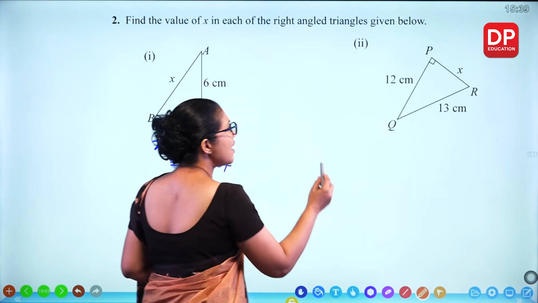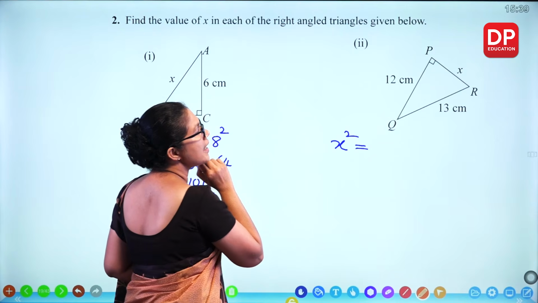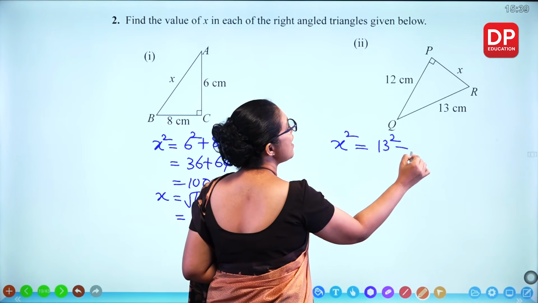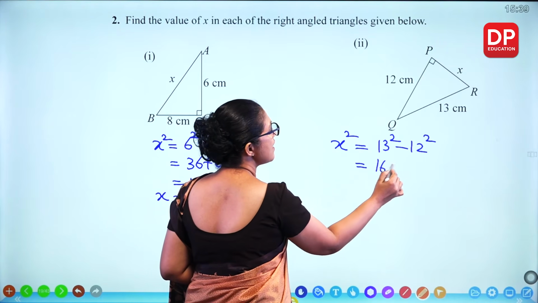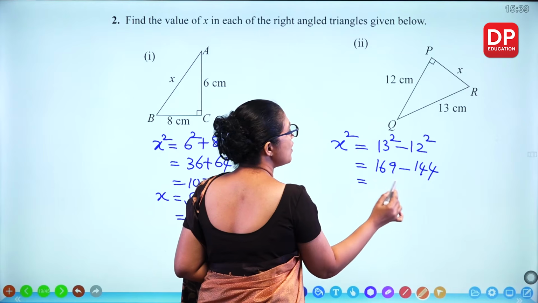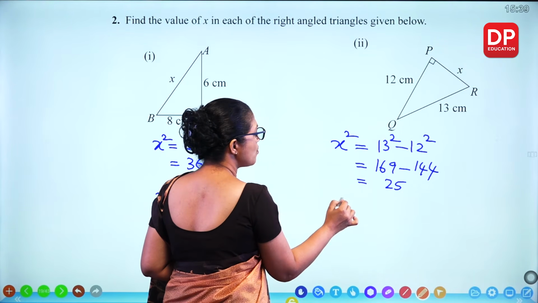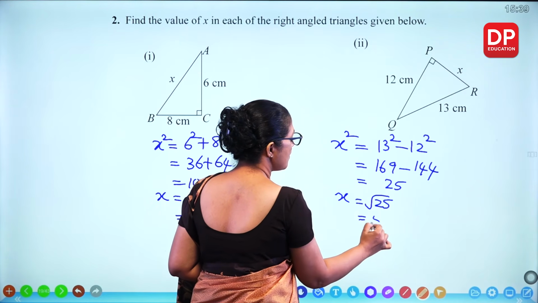It's a right angle triangle. You can straight away apply Pythagoras theorem. x squared is equal to 13 squared minus 12 squared. 13 squared is 169. 12 squared is 144. When you subtract, you get 25. Square root of 25 is 5.